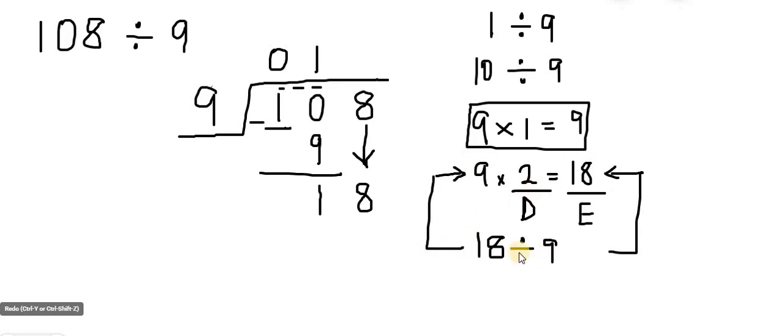The number of 9s in 18 is on column D, which is 2. We put that above 8, and our answer E, 18, we put it down here and subtract, surprise, zeros, so we stop there.